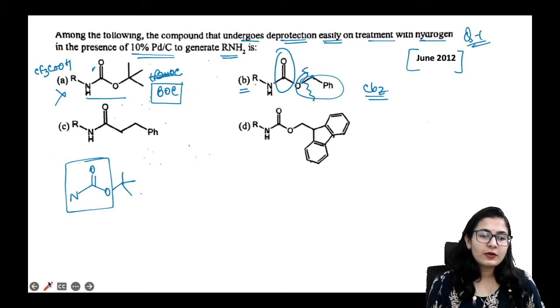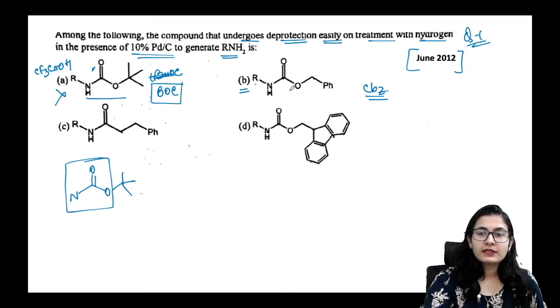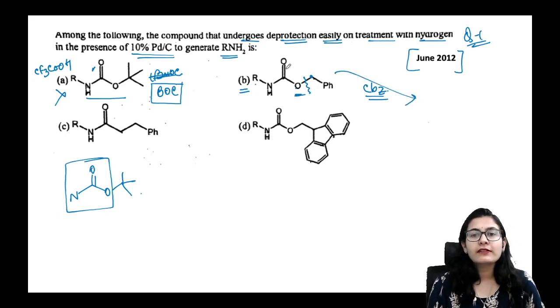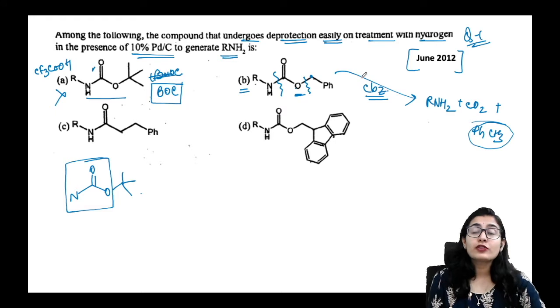If you just want to see where the actual cleavage is going to take place, you can see right over here, next to the benzyl carbon and the oxygen. So what is it going to give you? It is going to give us a primary amine RNH2, carbon dioxide, and along with that CH3. So these three molecules we are going to end up with in option number B. So it is generating the amine very well.